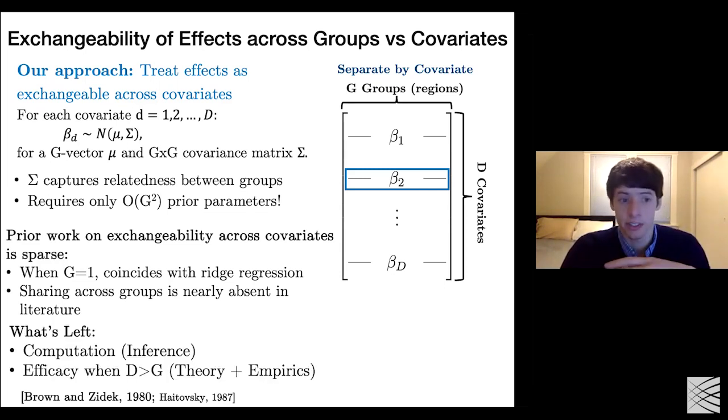But in contrast to all prior work, and what's remaining, right? We haven't finished just because we proposed a model. We provide general inference procedures, including this empirical Bayes step, and also some evidence for efficacy in this high dimensional setting, both in terms of theory and empirics.